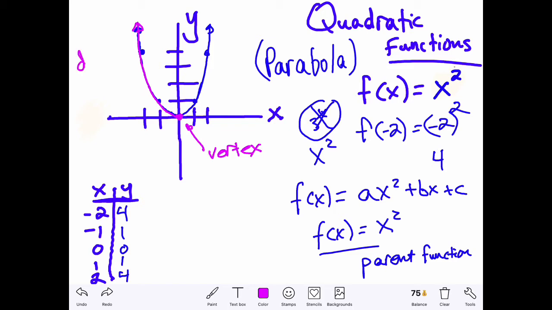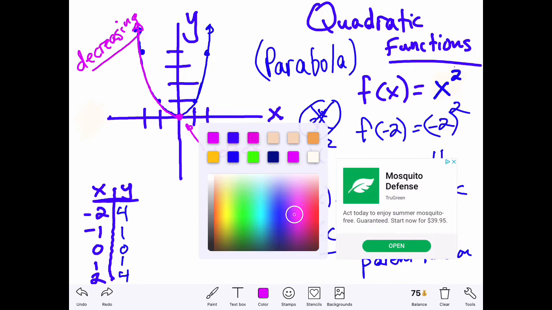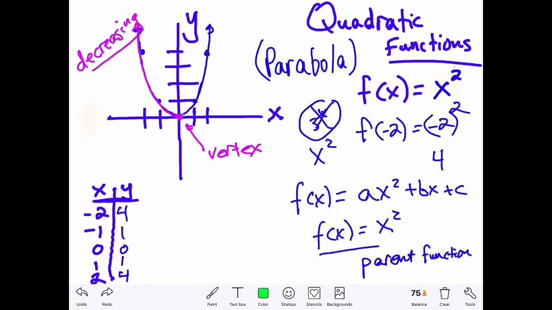This is said to be what's called decreasing. Okay, so as we're approaching from -infinity, it'll be decreasing, and say on this green side, as I go up this way, this is what's called increasing.